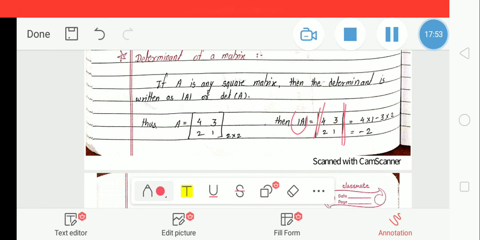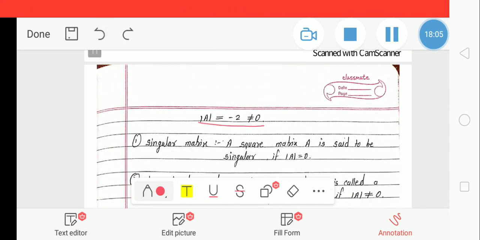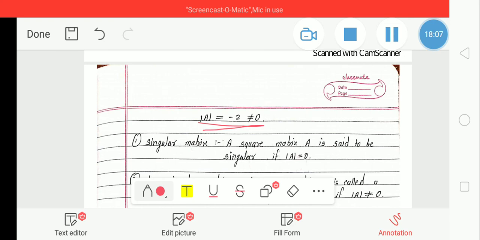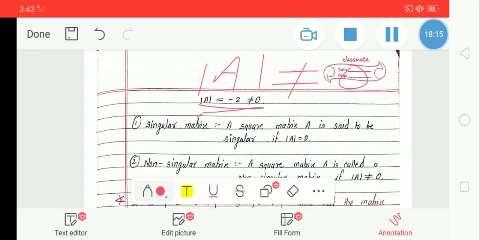So cross multiplication: 4 multiplied by 1 minus 3 multiplied by 2, giving mod of A equal to -2. Here mod of A not equal to 0 means this matrix A is a non-singular matrix.